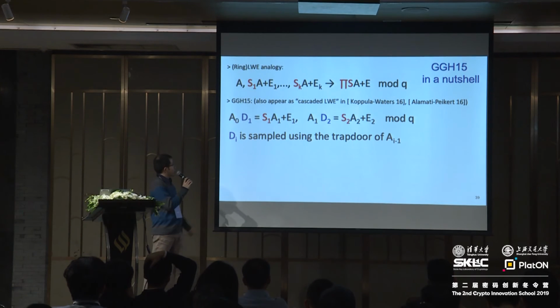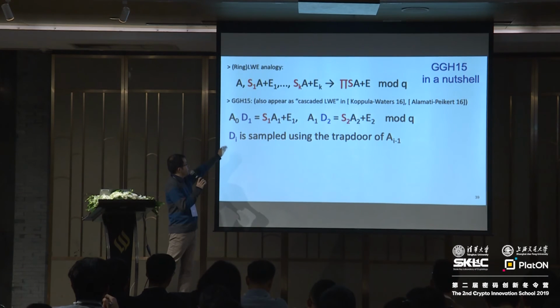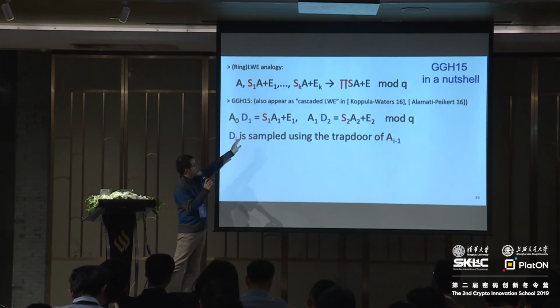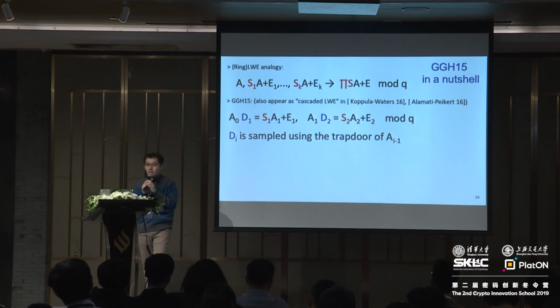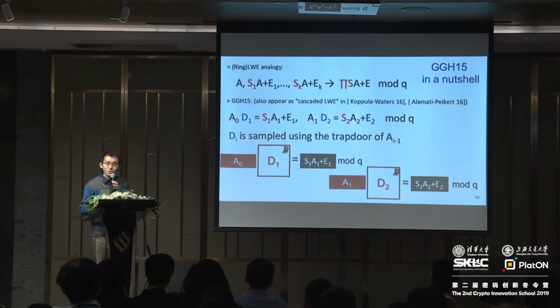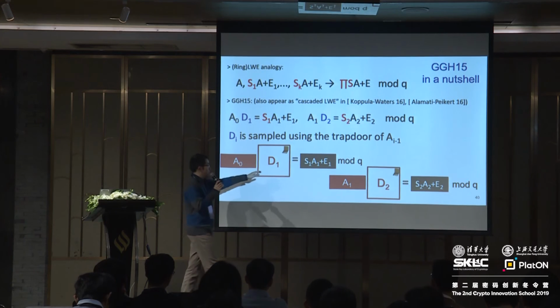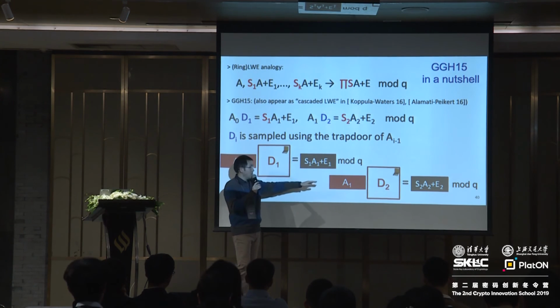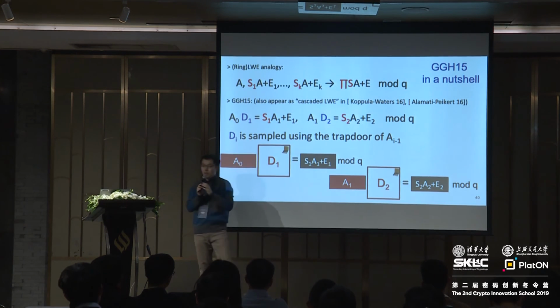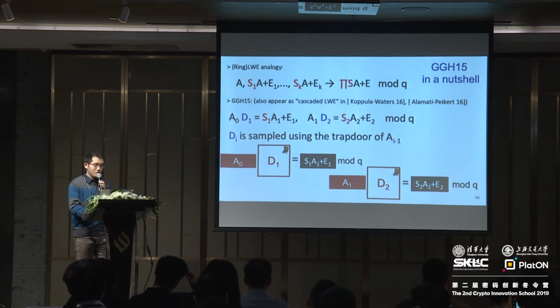If I use the trapdoor of A(i-1) to sample the encoding D_i for the corresponding LWE sample in the front, pictorially it looks as follows. Think about D1 as the encoding of S1 and D2 as the encoding of S2.